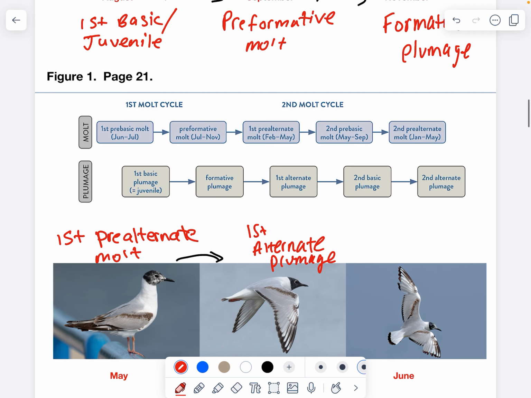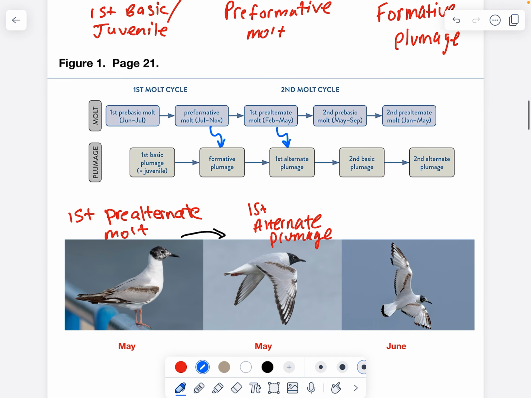If we look at figure 1 on page 21, we can see the preformative molt results in formative plumage, and the first pre-alternate molt results in first alternate plumage. That about concludes the first molt cycle. So when does the second molt cycle begin?